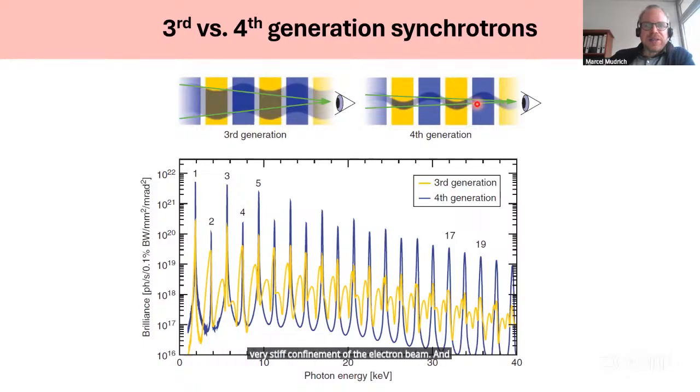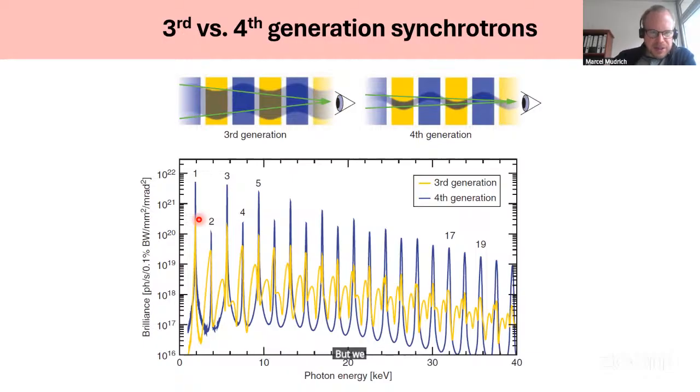And that leads to higher brilliance, higher peak brilliance on the different orders, and spectrally more narrow emission peaks.